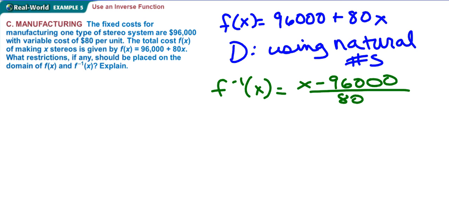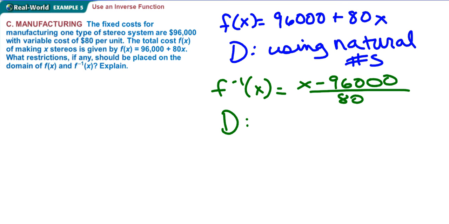Number of stereos. So my y is going to be my number of stereos. For this one, I think I have to say that my domain is going to be multiples of 80.